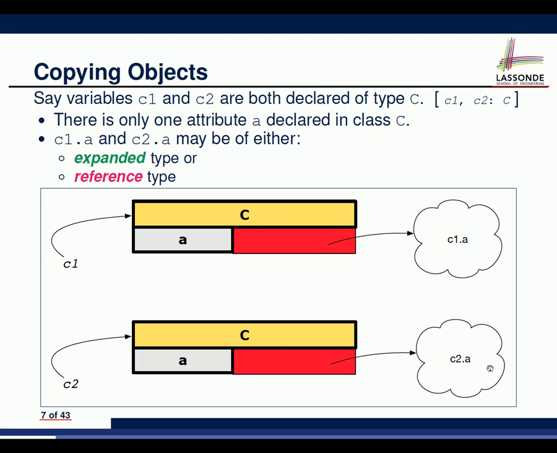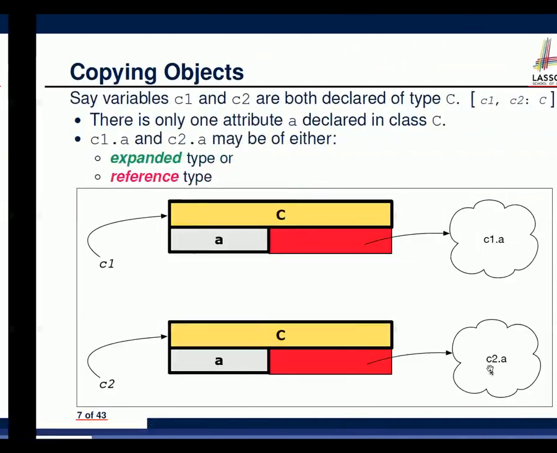Okay, that's the setup. Are we okay with this? C1.A can be as simple as a single integer, or as complicated as some object with a very complicated structure. What I will do is show you the three different cases of how you can consider the copy.